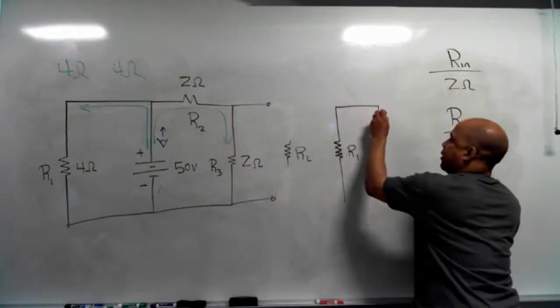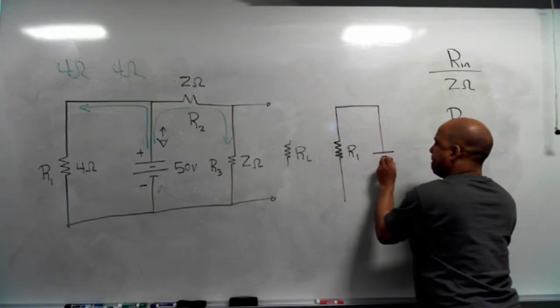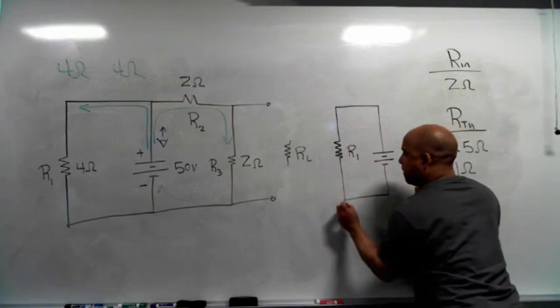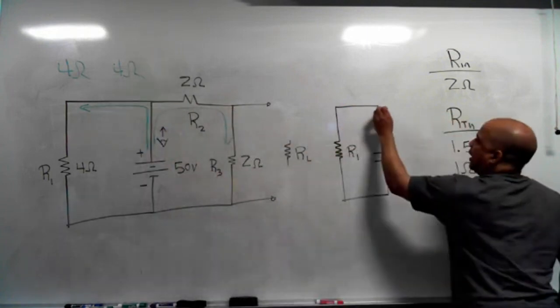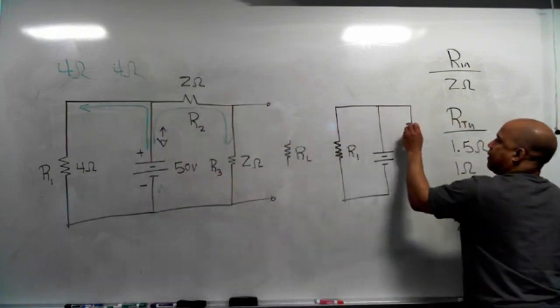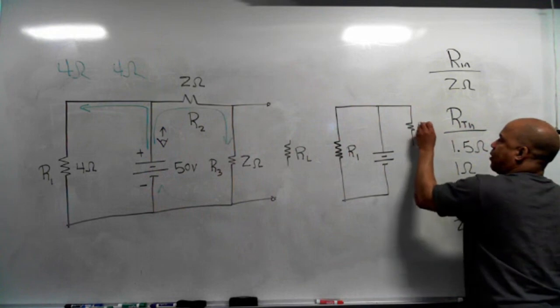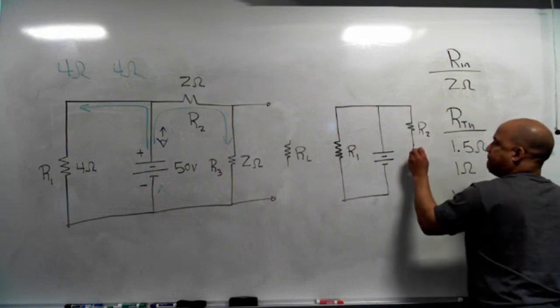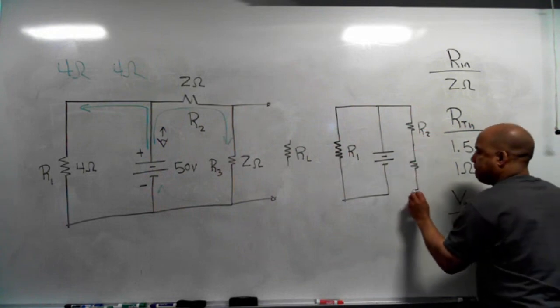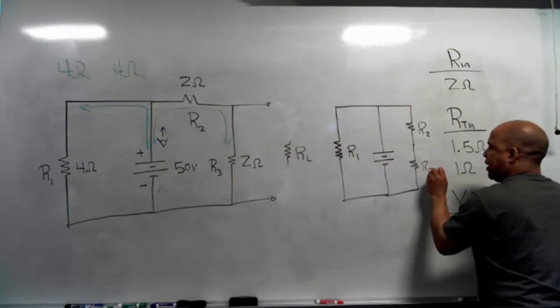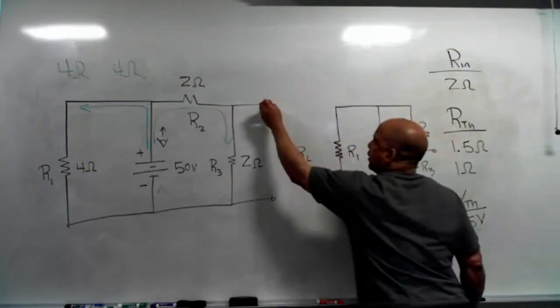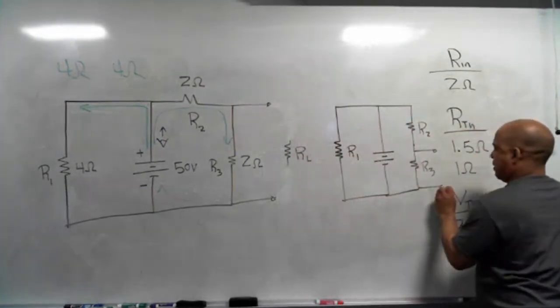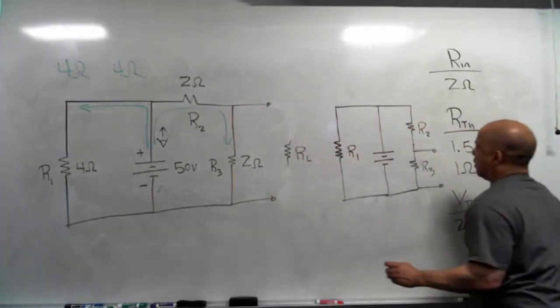I can have my battery right here. If I stretch this up so it's straight, then over here I have R2, and R3 would be here, and I would have this terminal here, and this terminal there.